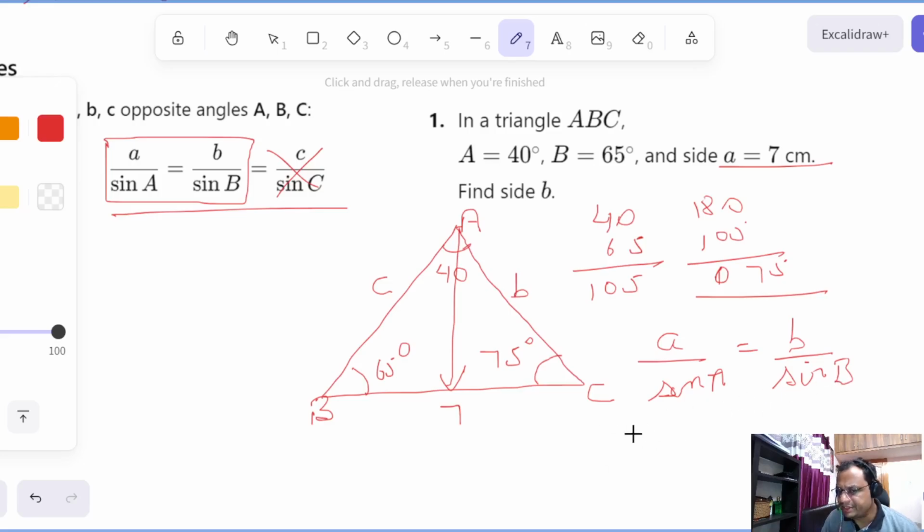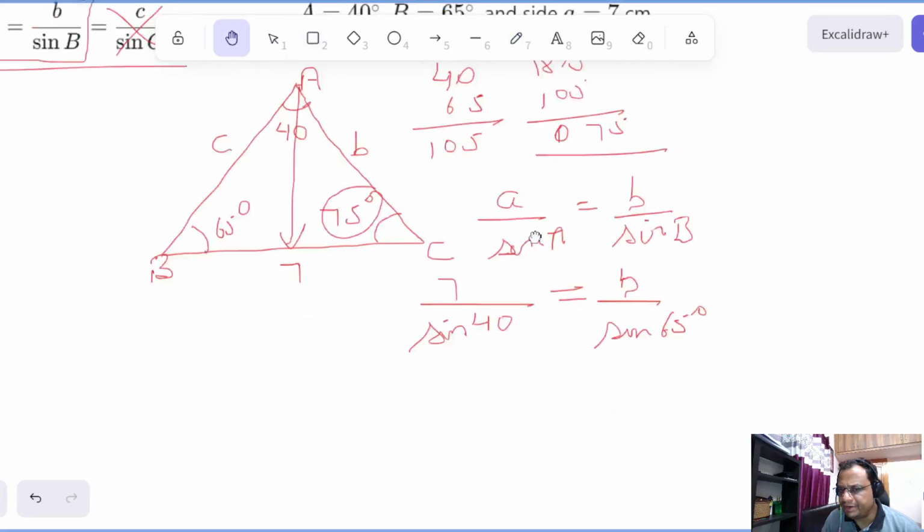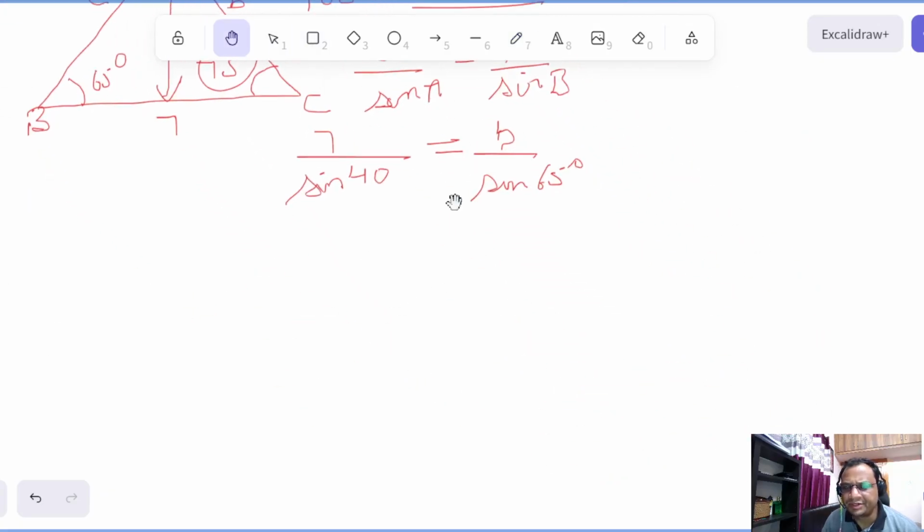So a is given as 7. So we'll write 7 upon sine A, which is sine 40, equal to b, which we don't know, but we have been given the angle B, the sine of 65. After this, we'll use the Desmos calculator which I have shared with you to find out the values of sine 40 and sine 65.